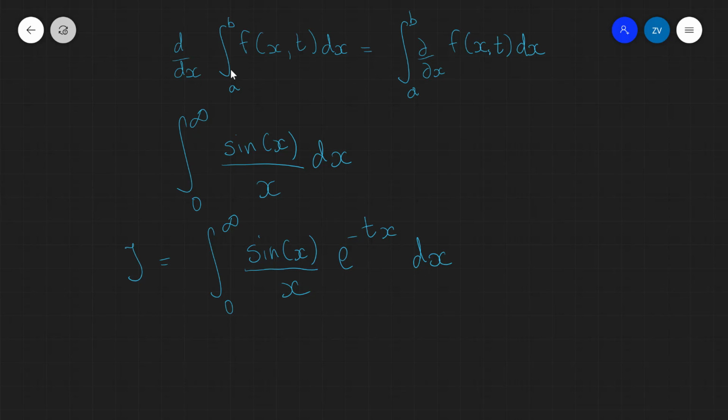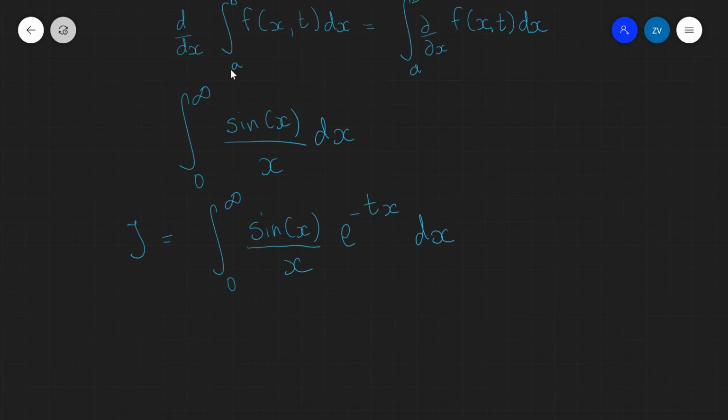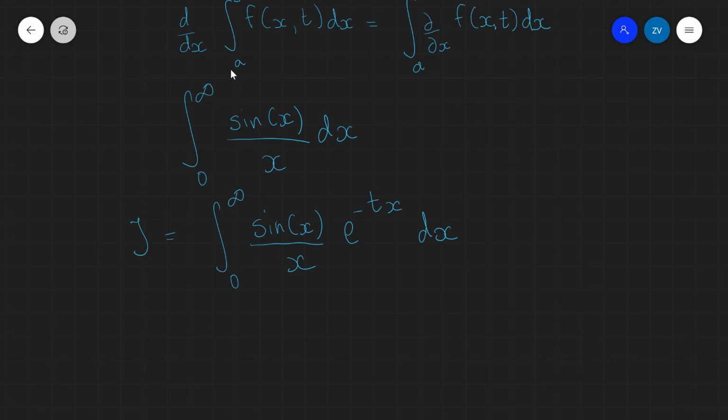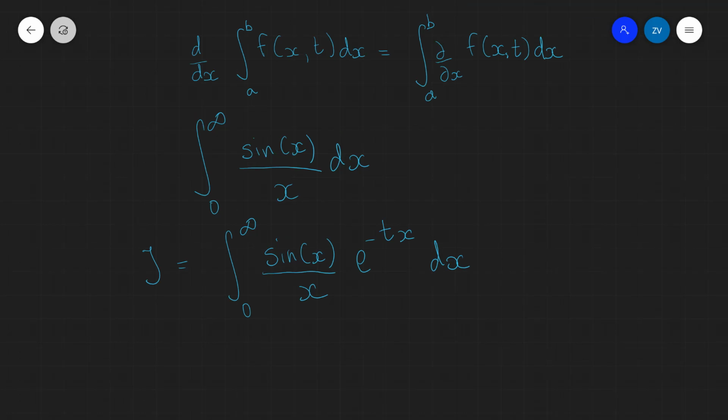One of the things that we're going to do now is differentiate that function with respect to the new parameter t. So I'm going to just say that dj by dt is actually equal to d by dt of this integral.